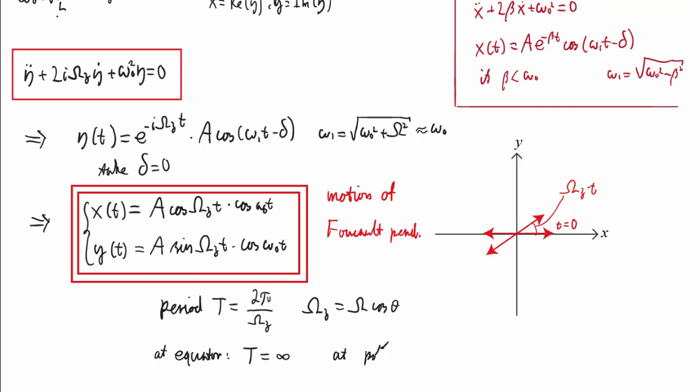Whereas at the poles, theta equals 0, and then we have T equals 2 pi over omega, so that's 24 hours. So the period of rotation of the Foucault pendulum is at least 24 hours, but it could be longer depending on what latitude you're on. And the closer to the equator you are, the longer it takes for the Foucault pendulum to make a full rotation.